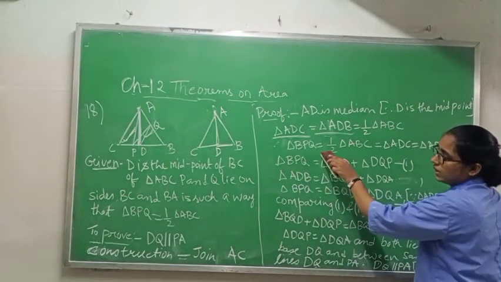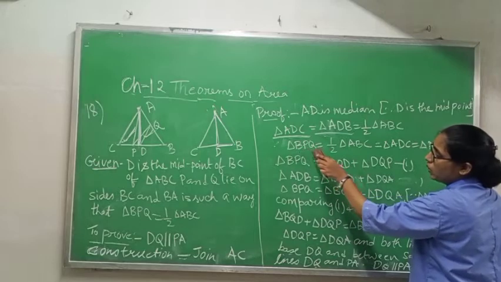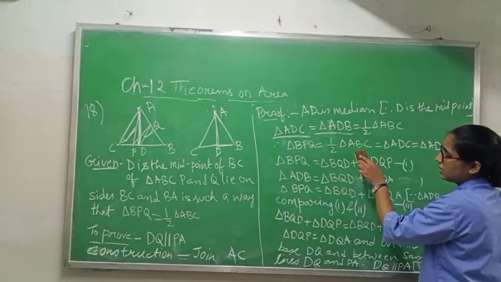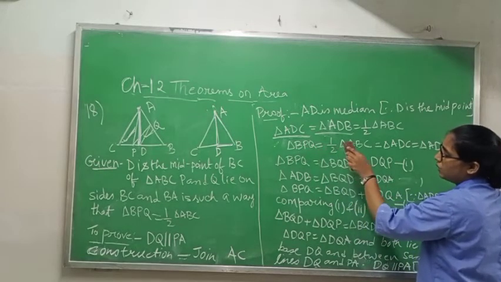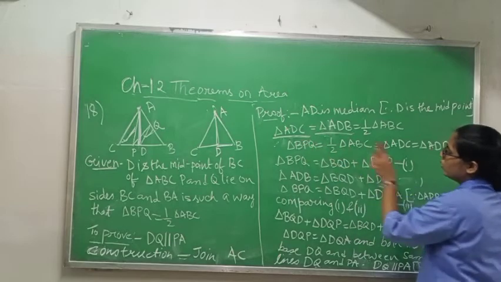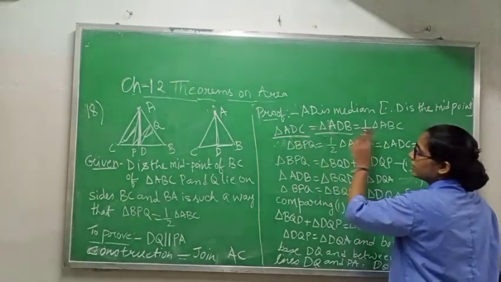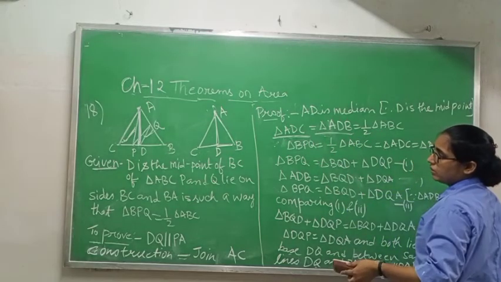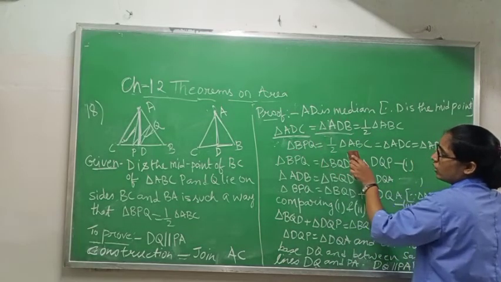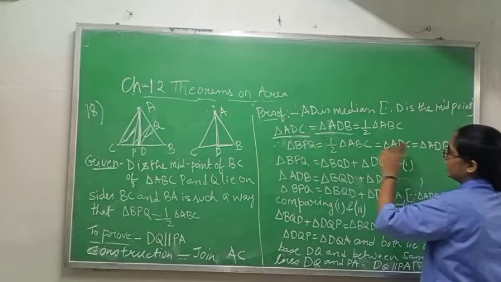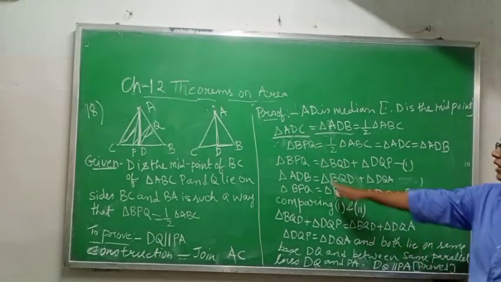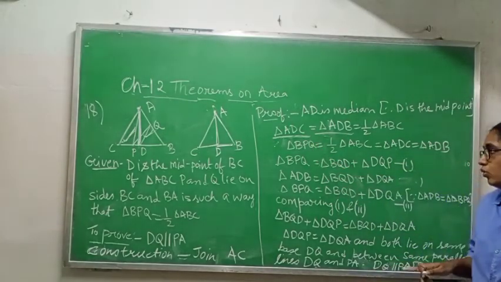Now it is given to you that triangle BPQ equals half of triangle ABC. If BPQ is half of triangle ABC, which equals ADC equals ADB, then we can write that ADC and ADB both are equal to triangle BPQ.